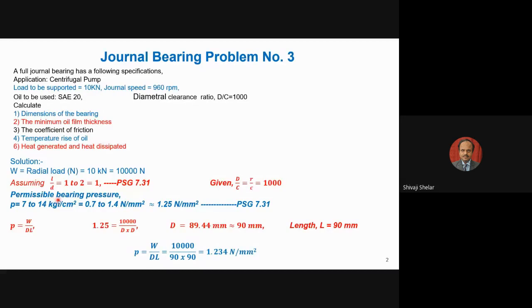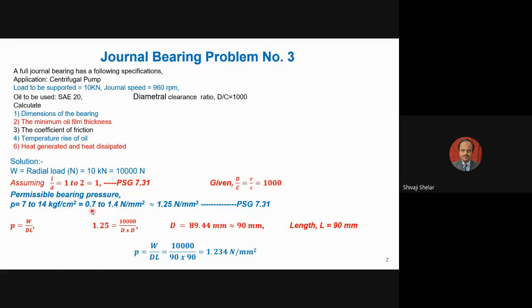Now the permissible bearing pressure, from the table value in 7.31, we have found the value is 7 to 14 kgf per centimeter square. That is 0.7 to 1.4 when you convert into Newton per millimeter square, where you divide this value by 10.